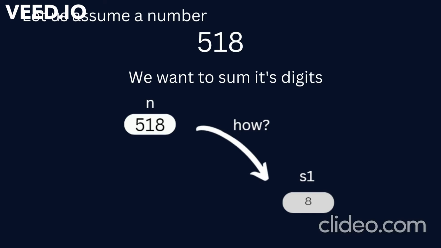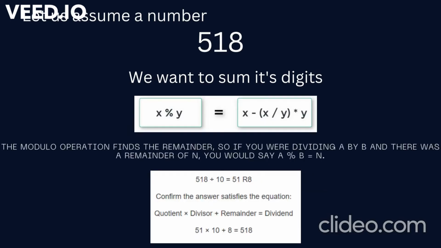So how will we extract the digits of the number and store them in a different variable? Let us see. Let us assume a number 518. How will we get its last digit? We will use the modulo operator, which will divide the number by 10 and get its remainder.